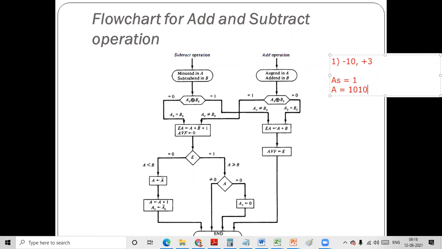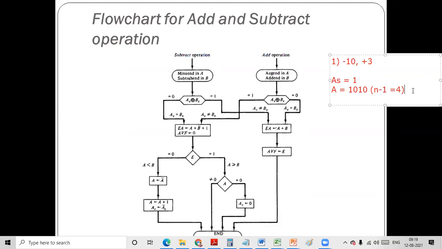So here our n minus 1 is 4, right? I require minimum 4 bits to represent my magnitude. So n minus 1 number of bits in my register A should be 4, and 1 sign bit. So totally the length of your number is 5 bits as per this problem.